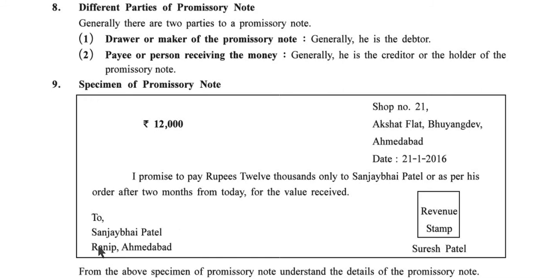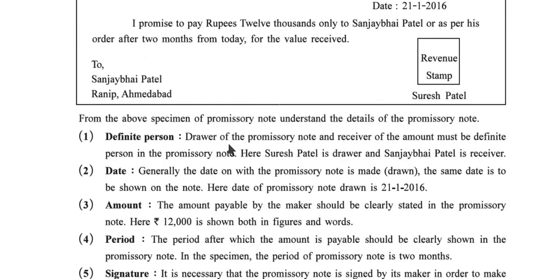To Sanjay Bhai Patel, Ranip, Ahmedabad. Revenue stamp, Suresh Patel. Here, Suresh Patel gives the promise to Sanjay Patel to pay rupees 12,000 after 2 months. So this is the promissory note.